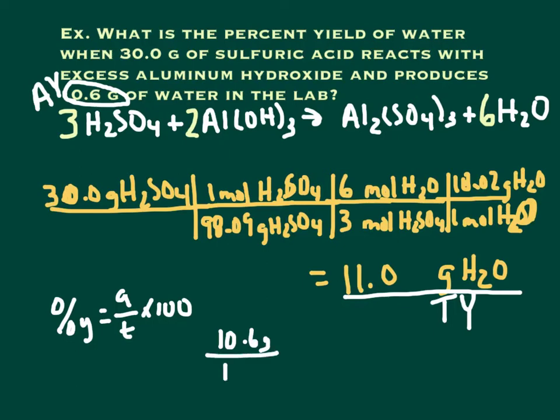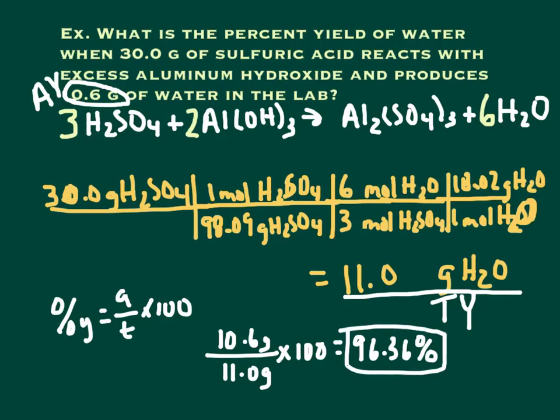My theoretical yield was 11.0 grams, so 10.6 divided by 11 times 100 gives me 96.36. Usually with percent you can add one more sig fig. These are each 3 sig figs, but I'm going to add one more. 96.36% yield, and that is pretty good.